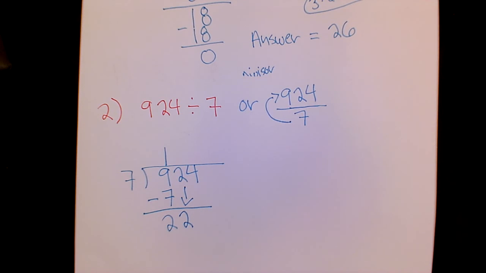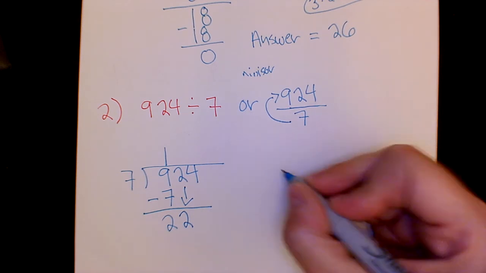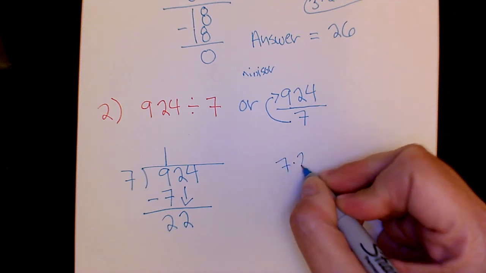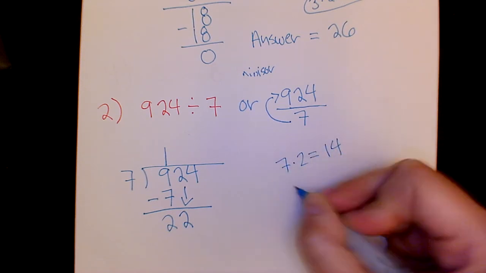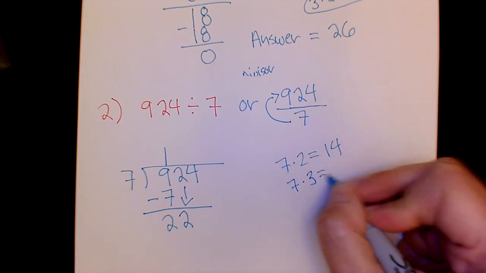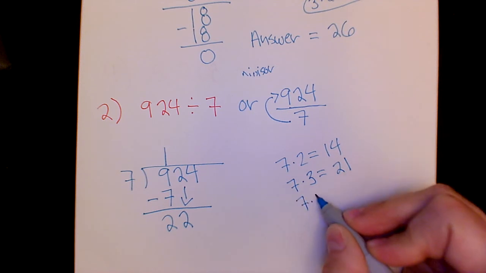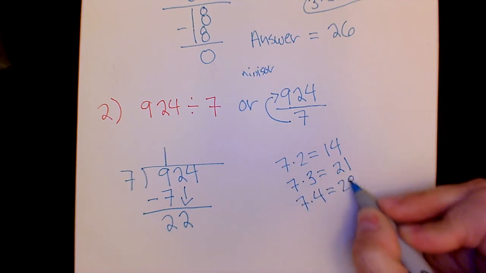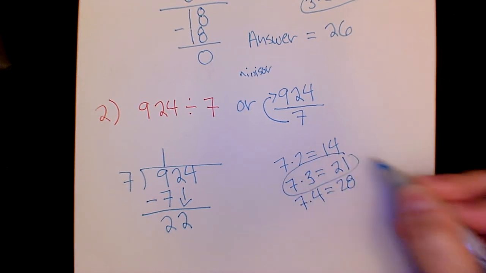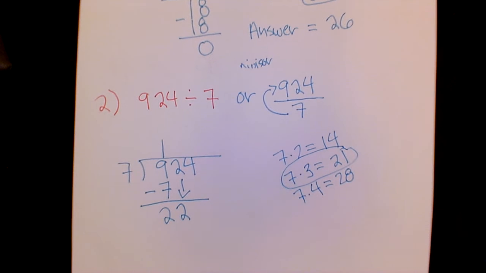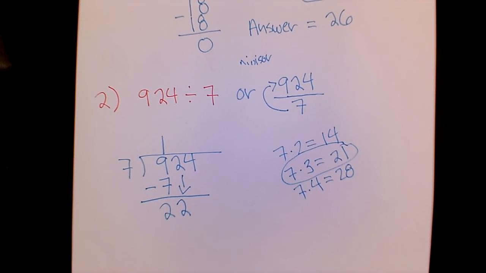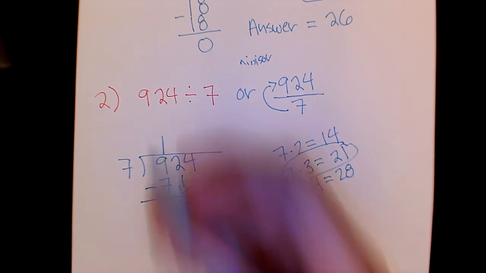Does 7, or how many 7s are there in 22? Well, I know 7 times 2 is 14. So this is about as close as we're going to get, which is 7 times 3.